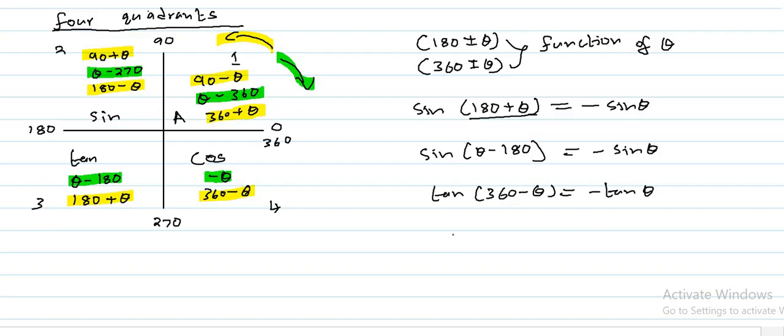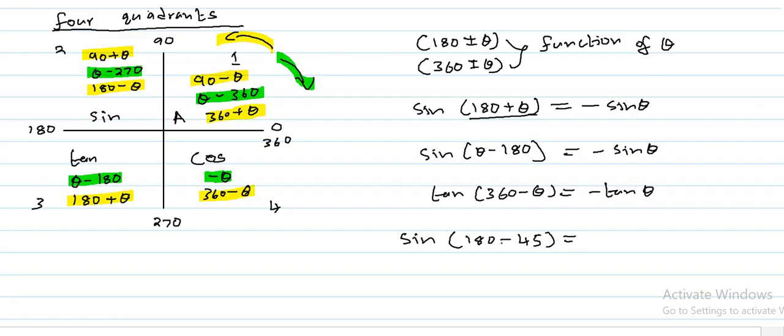Okay? Then what happens now when you are given values? For example, they will say, what is the sine of 180 minus 45? 45 is our theta. 180 minus any theta is quadrant number 2.